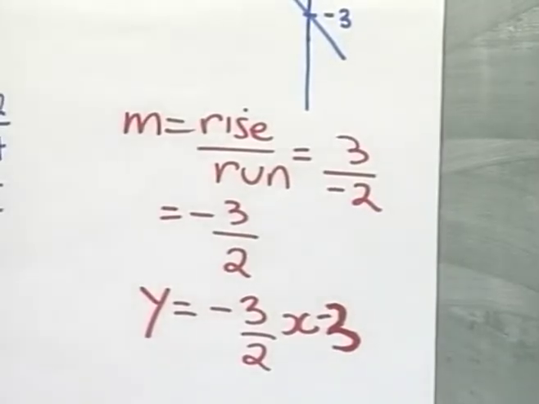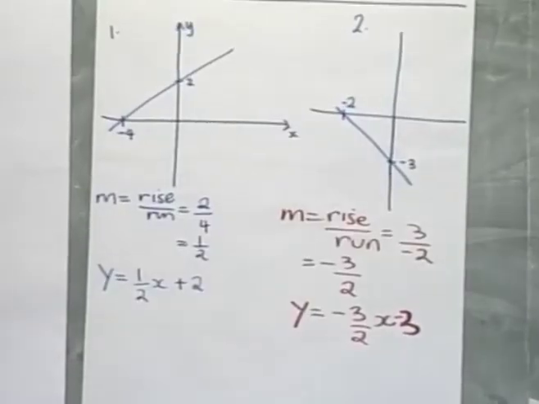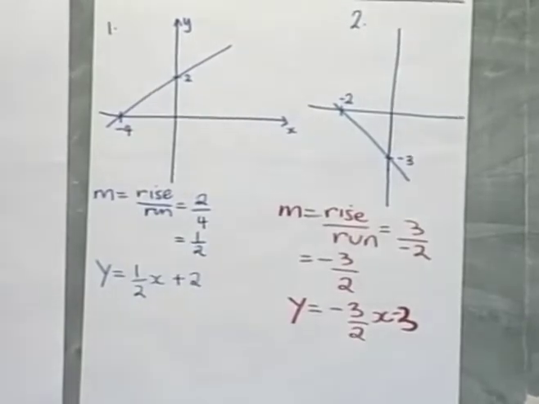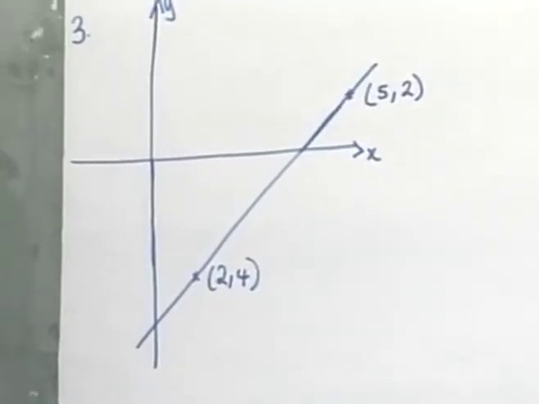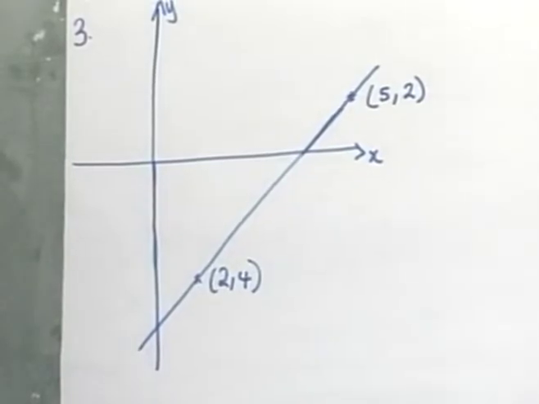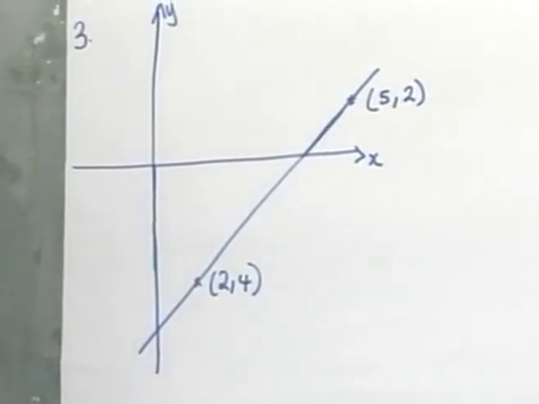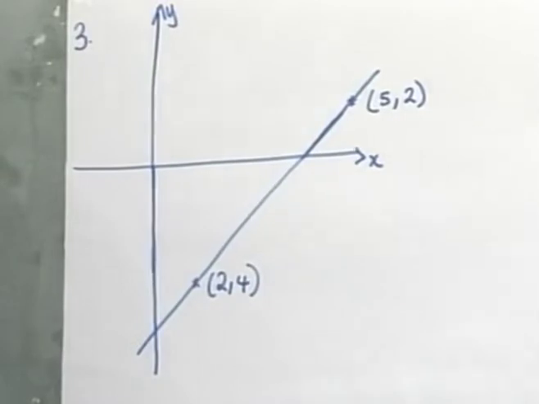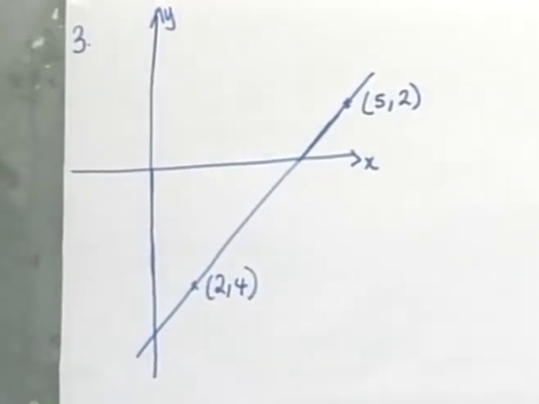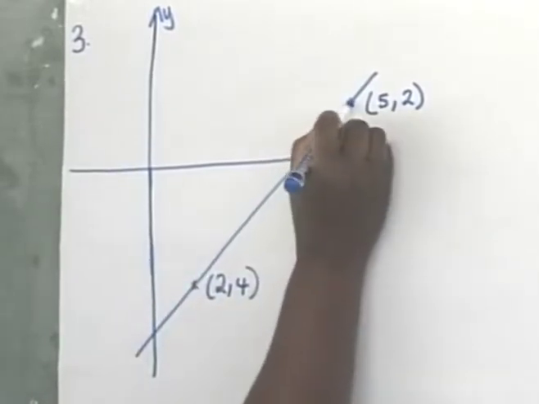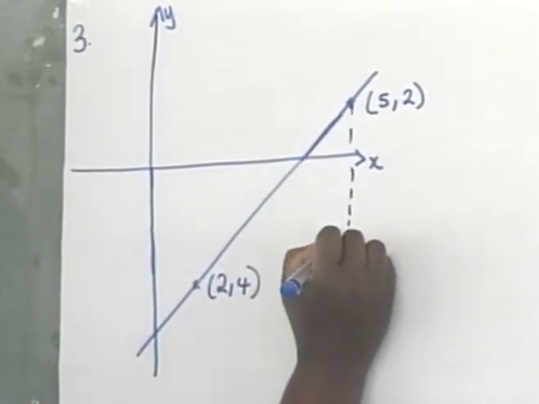Okay, the third one. We don't know what the y-intercept is because it's not shown, but we can work out the gradient. The first way to work out the gradient is to find out what the rise is and what the run is.